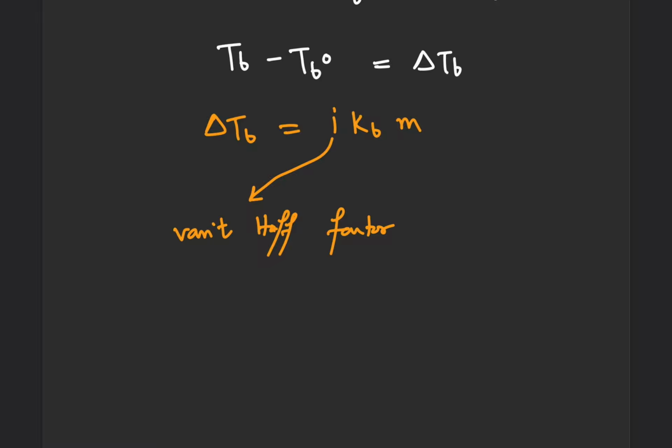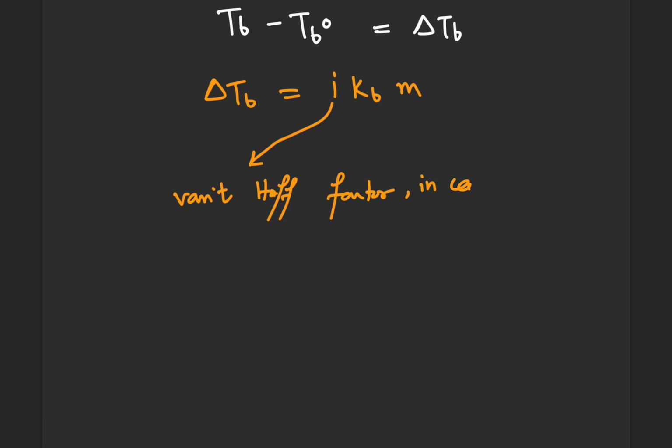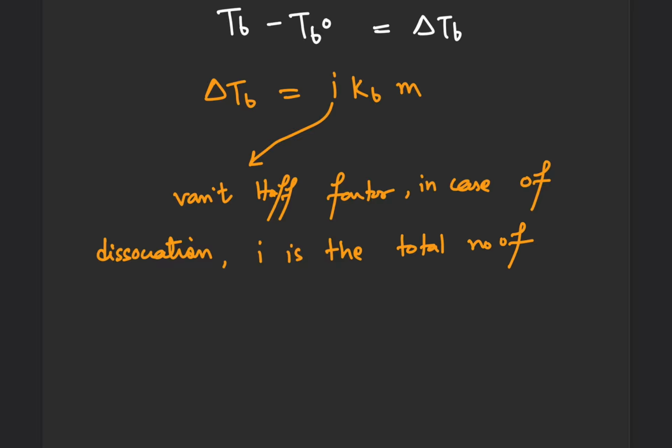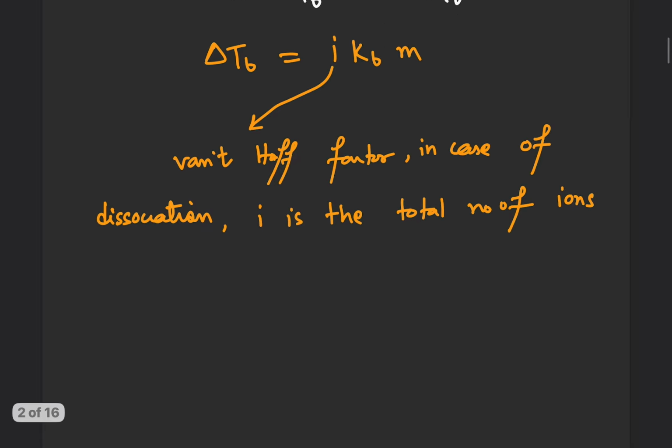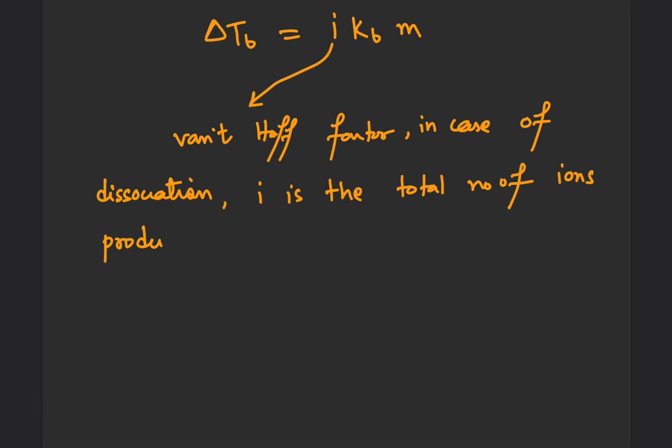In case of dissociation, i is the total number of ions produced from 1 mole of solute.